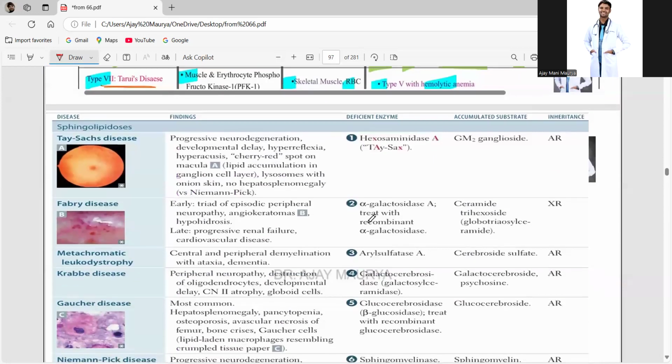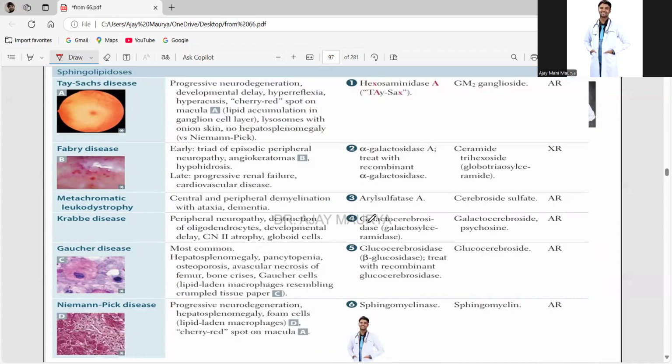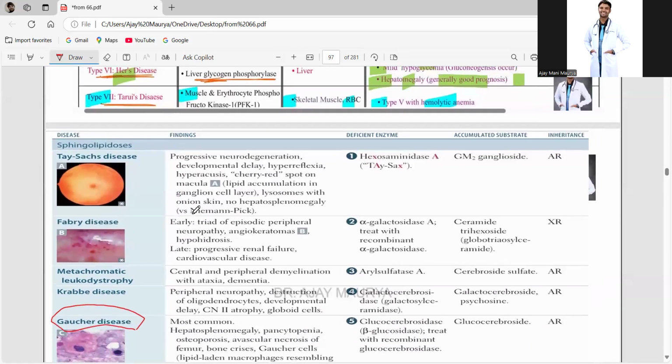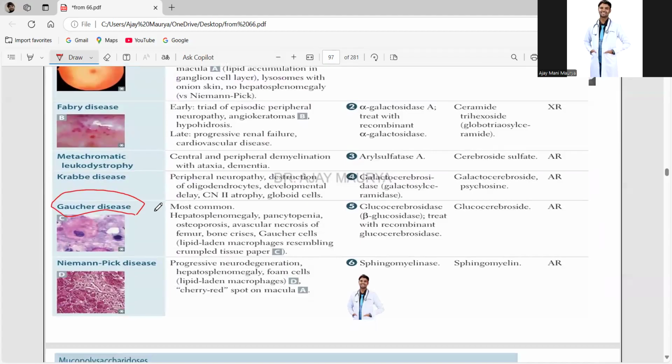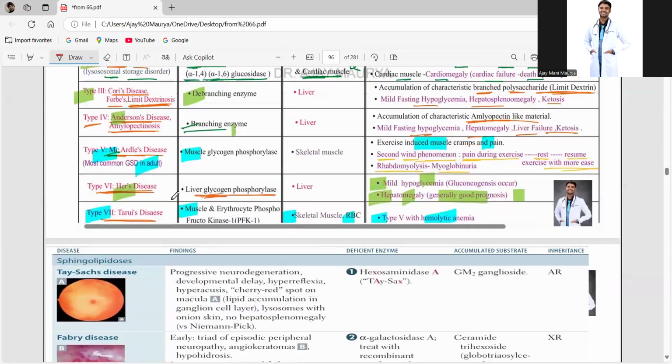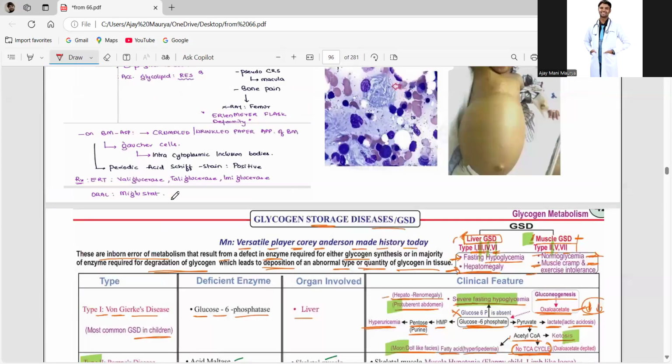So guys, from among all these diseases, the most important one is the Gaucher disease. Out of all lysosomal disorders, the most common is the Gaucher disease. That's why you are going to study the Gaucher disease briefly here.